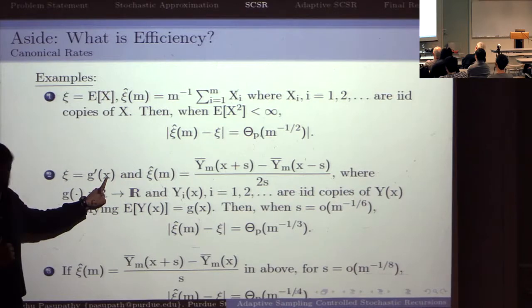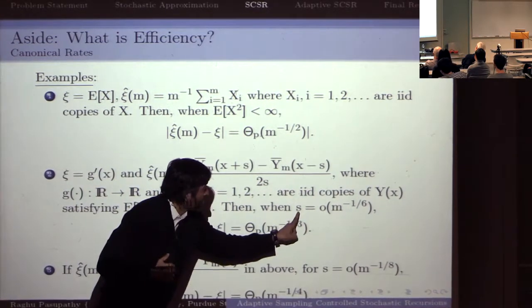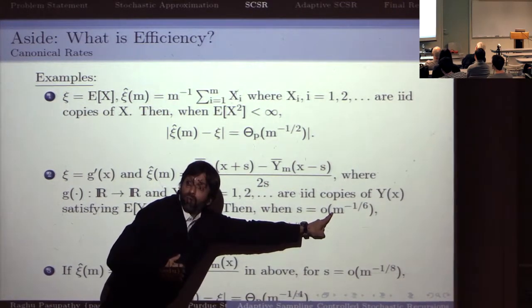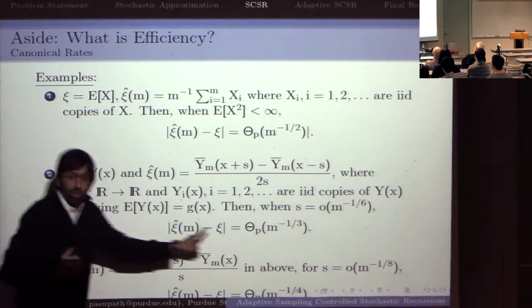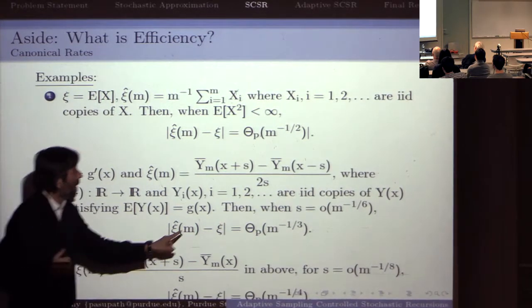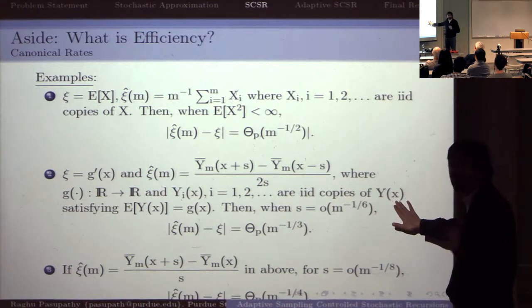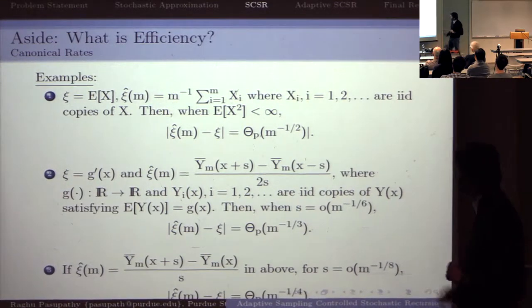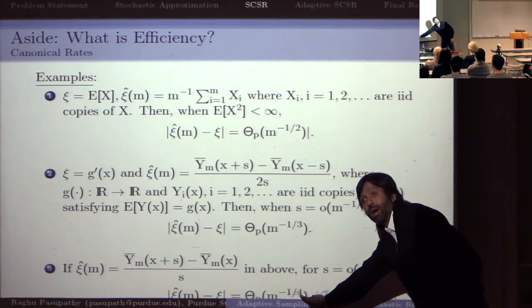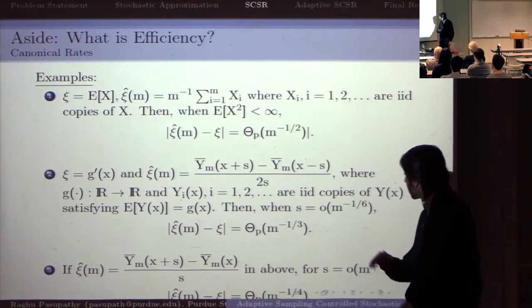This is an asymptotic result where little s is little o of m raised to the negative 1/6, as long as G is smooth. Y needs to have finite variance, absolutely, yes. And for forward differences, you get the corresponding rate m raised to the negative 1/4. It's even slower, so to speak.